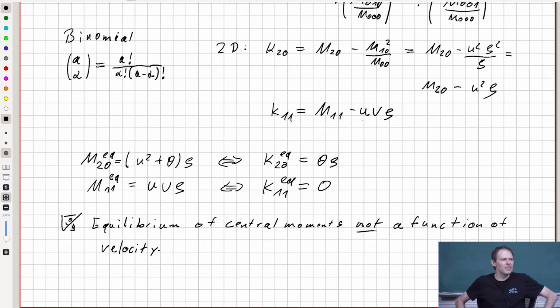So in central moments, velocity comes up in the transformation, forward and backward, but it is no longer in the equilibrium.